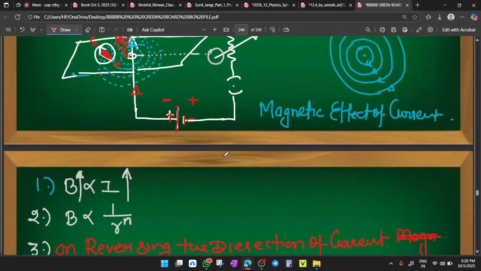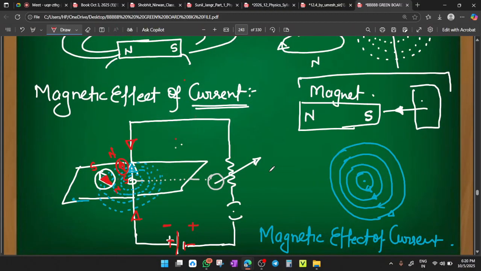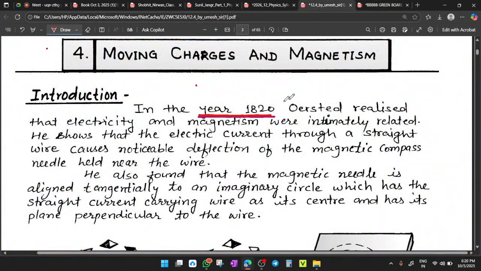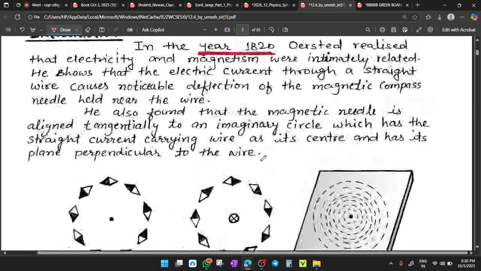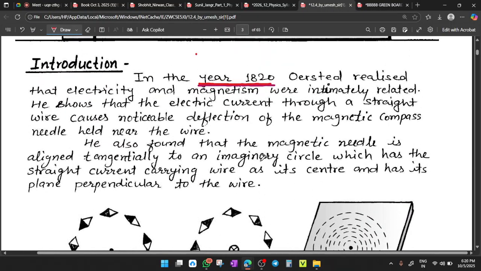On this basis, Oersted established his famous experiment in the year 1820 and discovered the magnetic effect of current. Let us see. In the introduction, in the year 1820, Oersted realized that electricity and magnetism were intimately related. So here you can see there is a clear relation between electricity and magnetism.